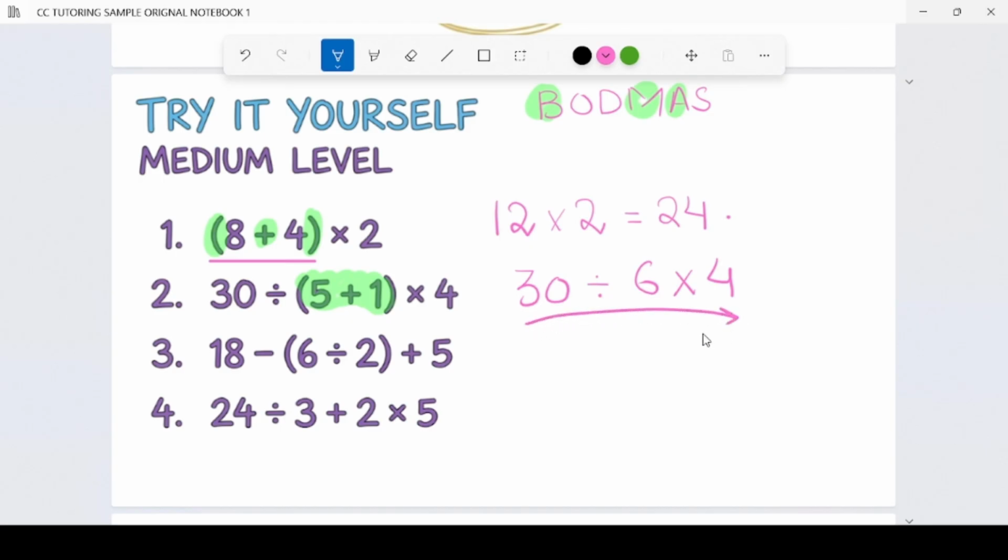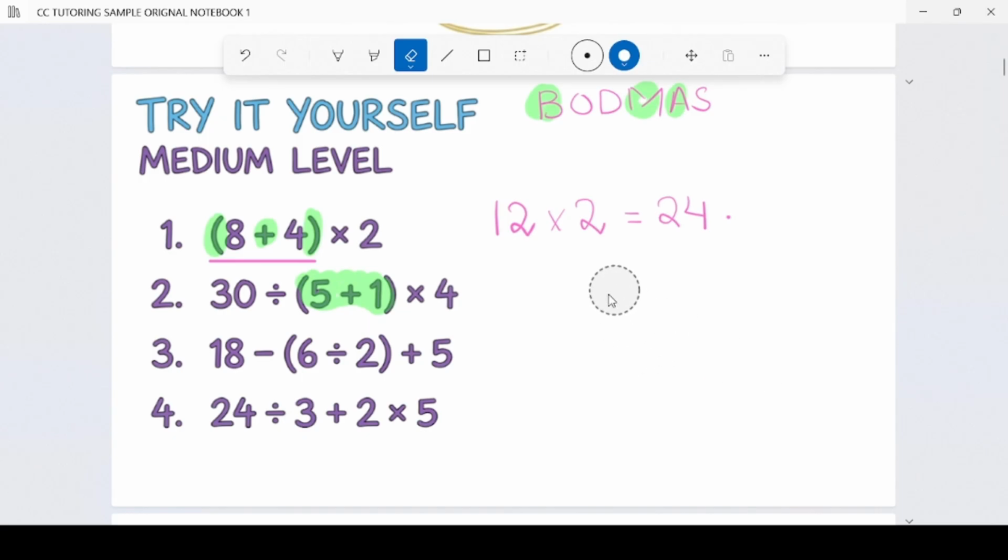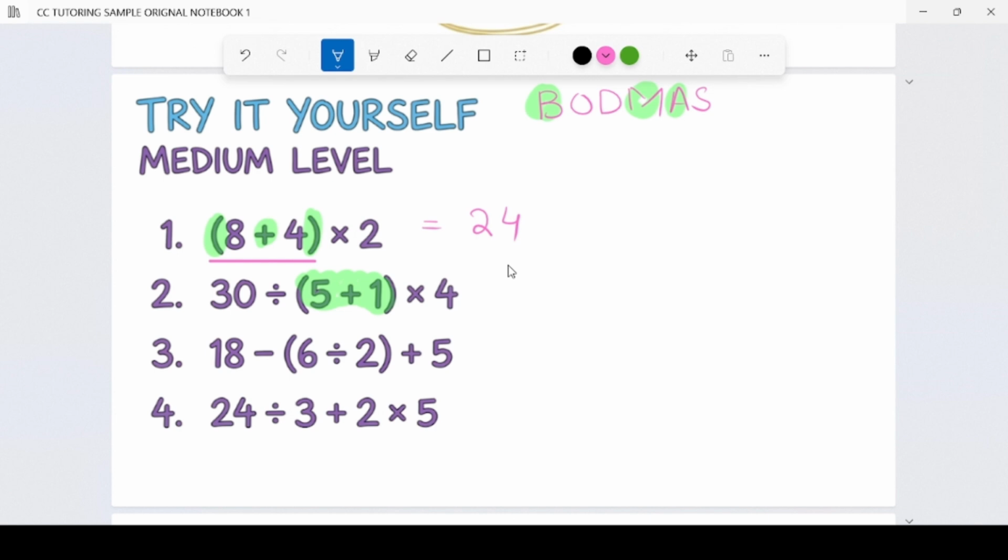We don't have to think much about it. So 30 divided by 6 is 5. 5 multiplied by 4, and the answer for this one is 20. 5 fours are 20. Let me just erase it.